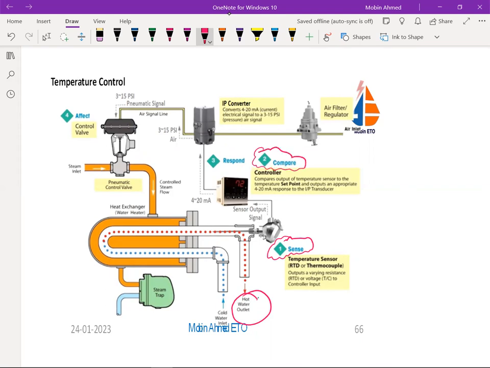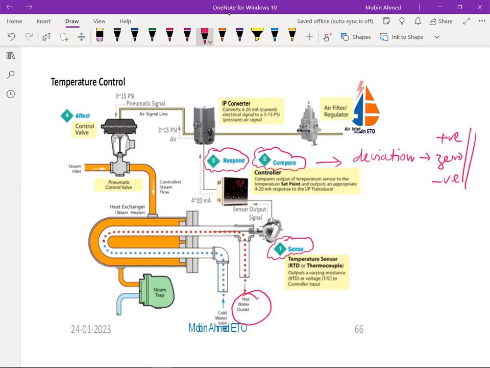Whatever the set value is there, it is going to compare with that. After the comparison, it is going to respond to the deviation, because after comparison there has to be the deviation, and that deviation may be 0 or positive side or negative side.